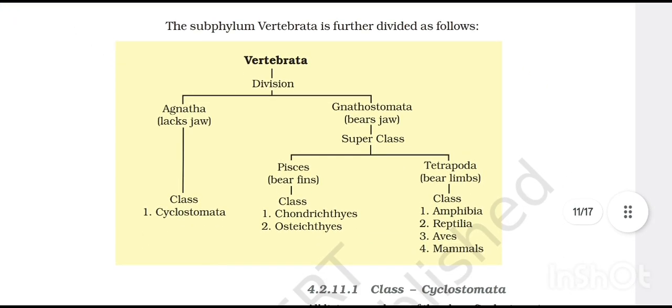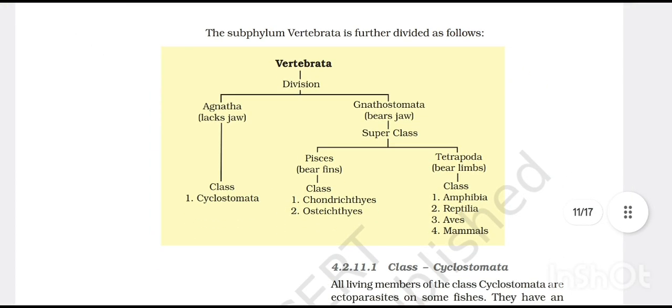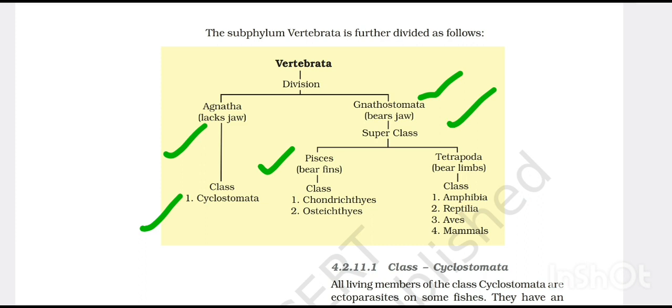So the subphylum Vertebrata is again divided as follows. Vertebrata have two divisions, Agnatha and Gnathostomata. Under the Agnatha, class Cyclostomata is present. Then Gnathostomata, the organisms which bear jaw, have two superclasses: one is Pisces and the second one is Tetrapoda.